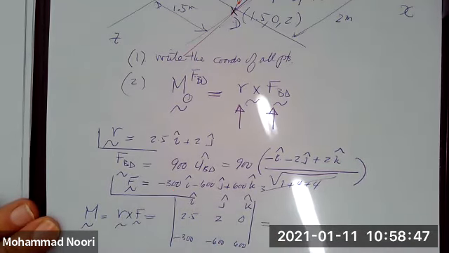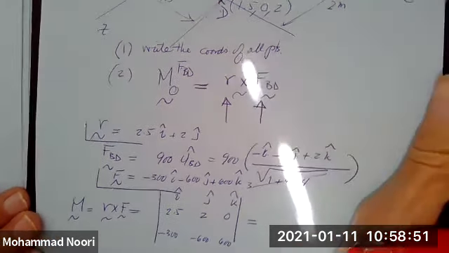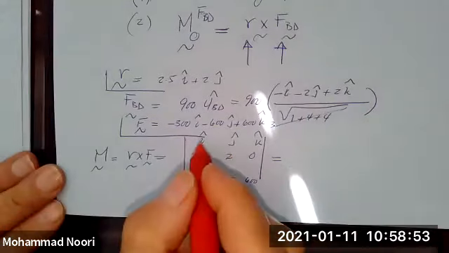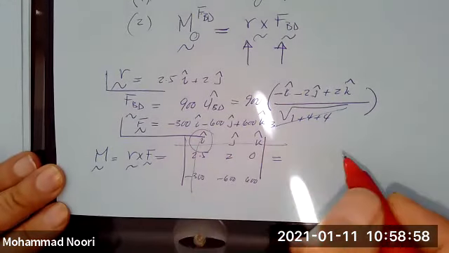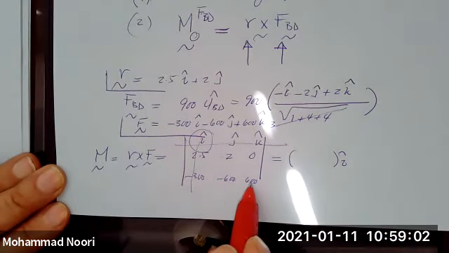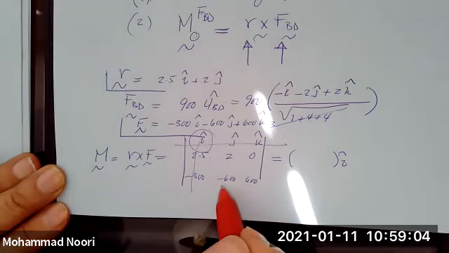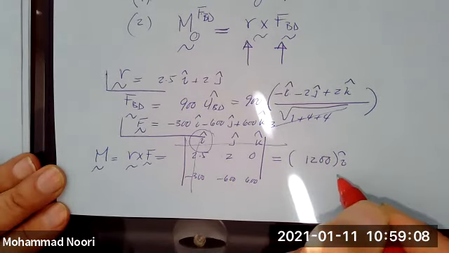So all you need to do is to simply expand this determinant. How do you expand it? I eliminate the column and row corresponding to that. So this would be 2 times 600 minus 0 times this. So it'd be 1200 times i.